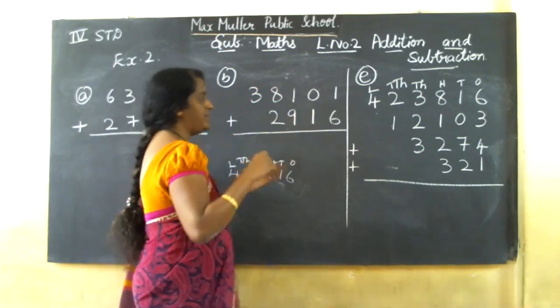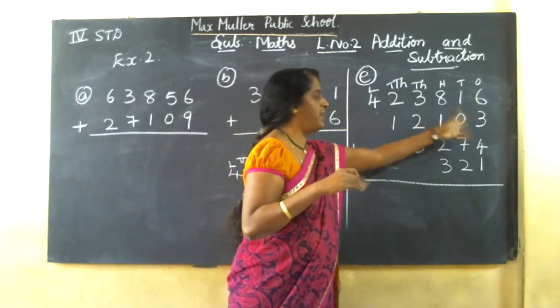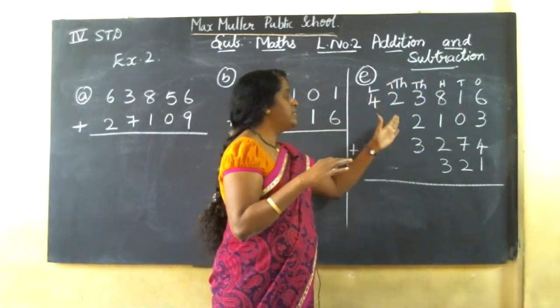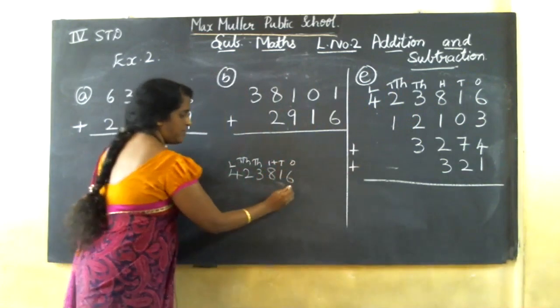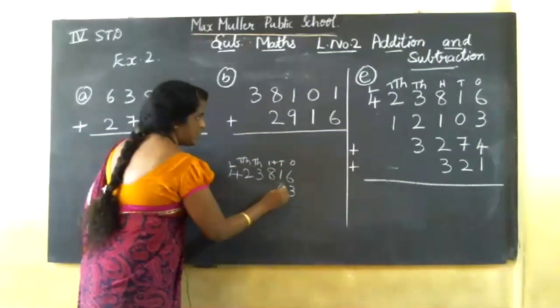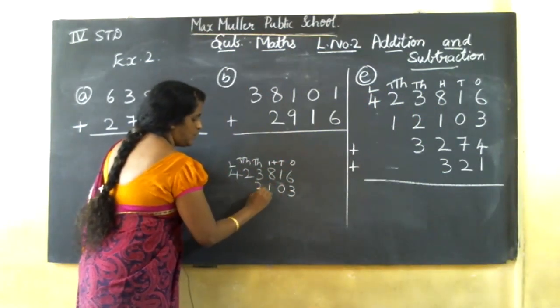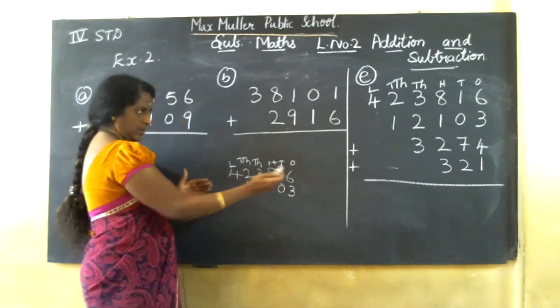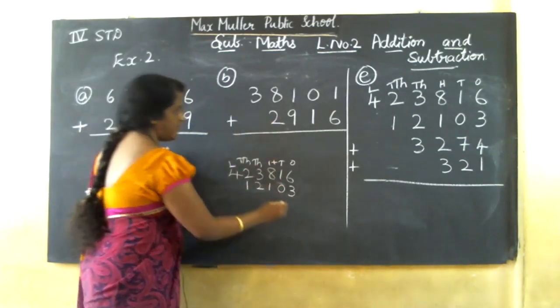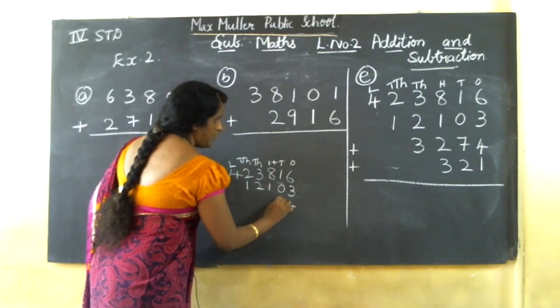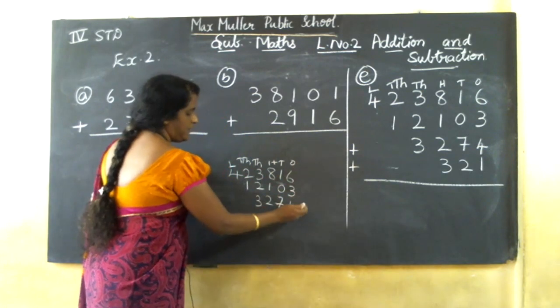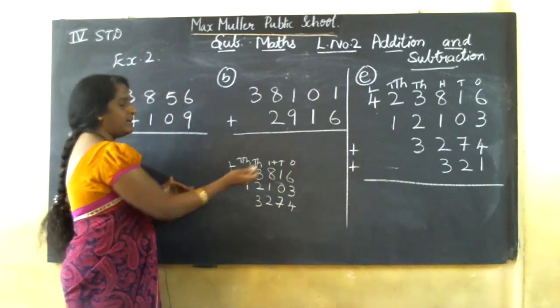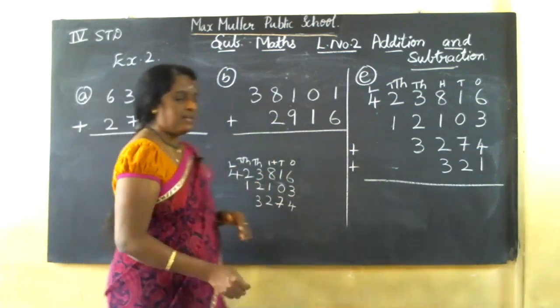How many digits? 1, 2, 3, 4, 5. 5 digit here, 6 digit. So 5 digit means 12,103. Start from here: 3, 0, 1, 2, 1. You should come from the right side. That is 3,274: 4, 7, 2, 3. So you should write from your right side. You should write step by step, neatly. Got it?